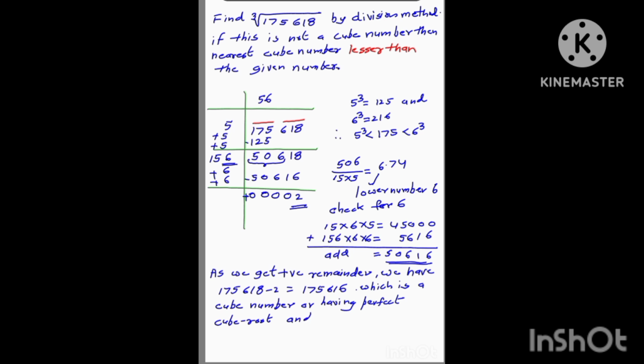Yes, we have a number, 175616, which is a cube number having a perfect cube root, and the nearest lesser number. So this is how you have to find the nearest lesser cube number. Okay, so we write the cube root of the new number 175616, which is 56. That is the answer over there.